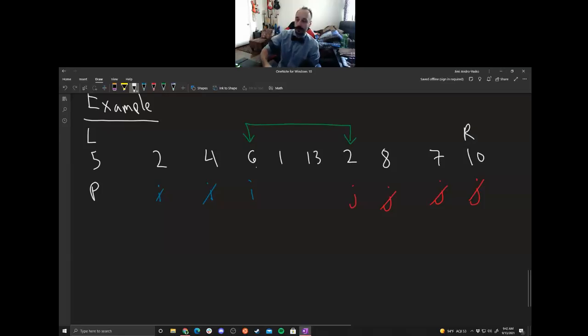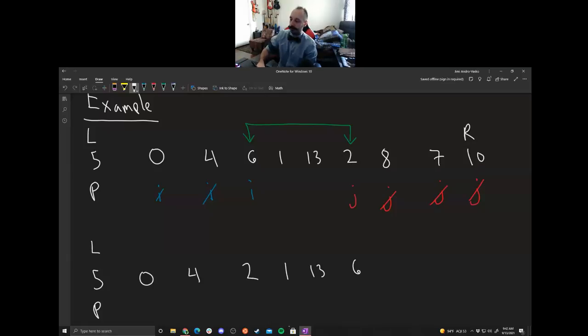Let me redraw the list over here so it doesn't get too conglomerated. So 5, we have our L, we have our pivot still over there. We have 2, 4. Oh, I have duplicate values in my list, darn. Okay, I'm just going to use 0 for this. My mistake, 0 is good enough. 0, 4, then we'll have 2, 1, 13, 6, 8, 7, and 10.